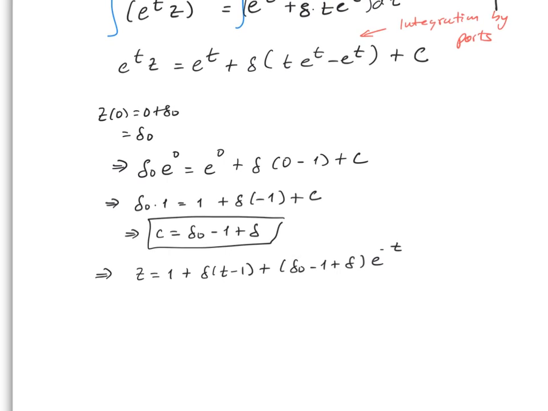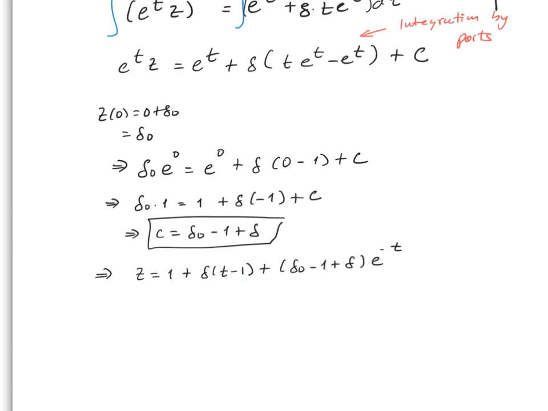Well, remember that once you figure out the value for the constant, you need to divide by e to the t on both sides. So you divide by e to the t, this will become a 1, this one also becomes a 1, this will be a 1, this will be a 1, and this will be e to the minus t on this side. The value for z was equal to all of this. So that's how we get this. And then you combine these two, you end up with this part.